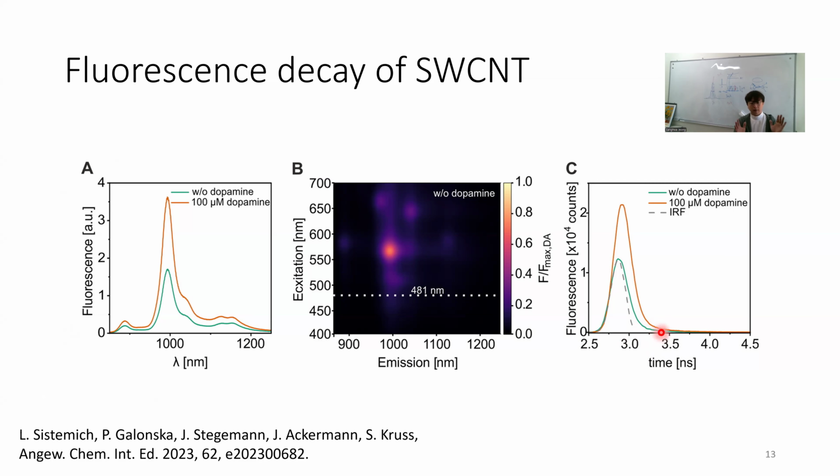So it is not transient; it has a decay constant. For carbon nanotubes, as I told you, it is usually between 100 picoseconds and several nanoseconds. Those are usually the fluorescence decay times of carbon nanotubes.